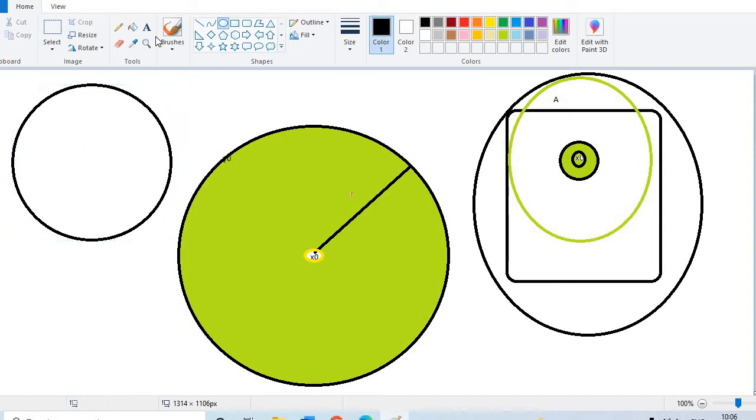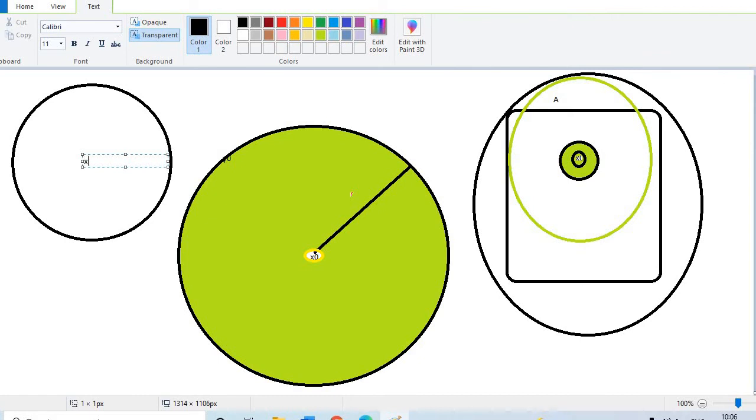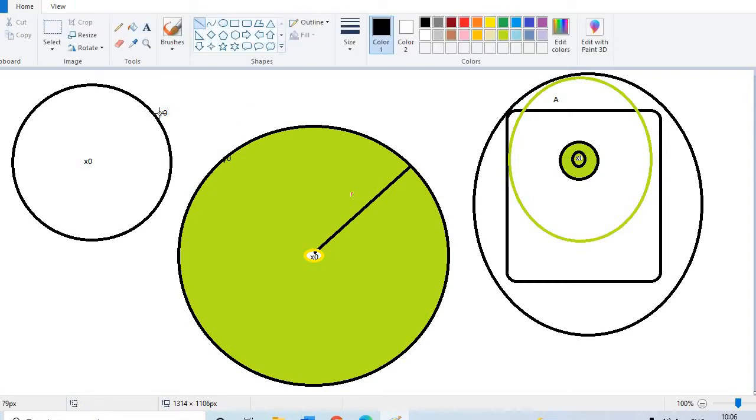So we consider this circle and this is center point x naught, and we consider another point on this outer circle, that is y naught. Okay, so what is y naught? Y naught is nothing but this point. This is y naught. There is one point in the outer circle.